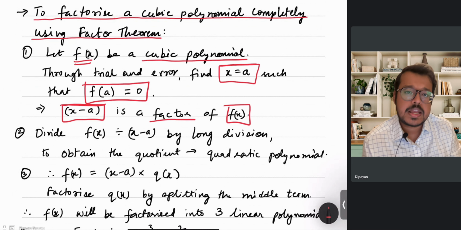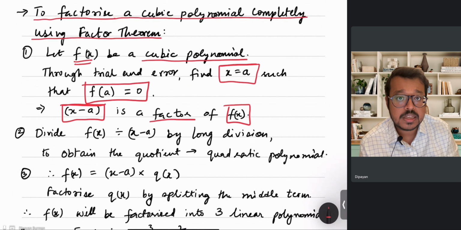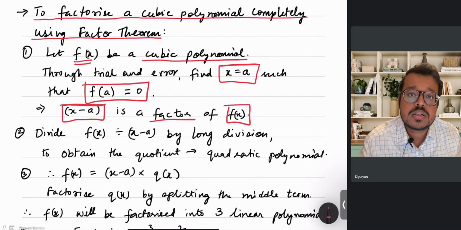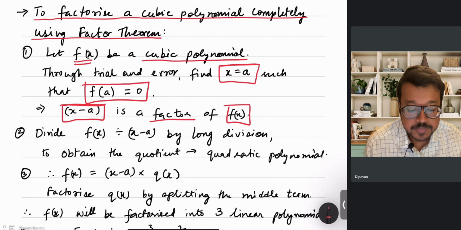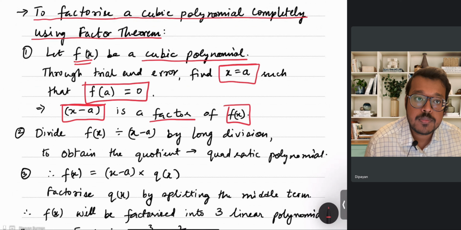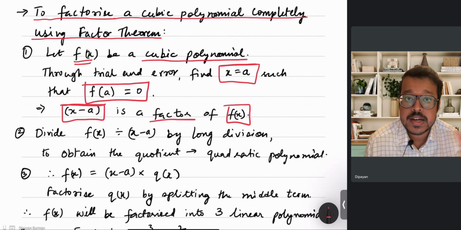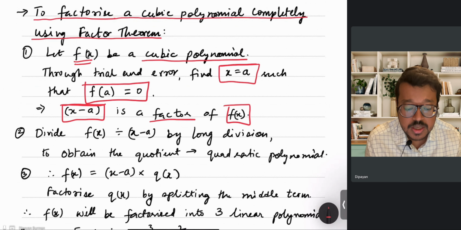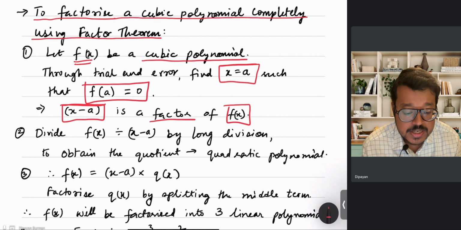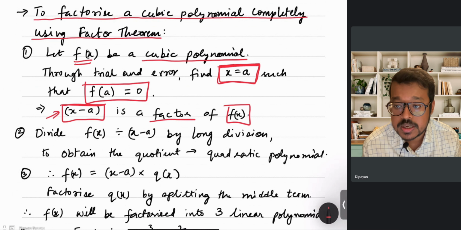So the values that we might be taking are some integers like 1, minus 1, 2, minus 2, like that. So if I am able to find some value for x for which the entire cubic polynomial is equal to 0, then I will conclude x minus a is a factor of f of x. The reason being that if I substitute x equal to a in the linear polynomial x minus a, then this becomes 0.